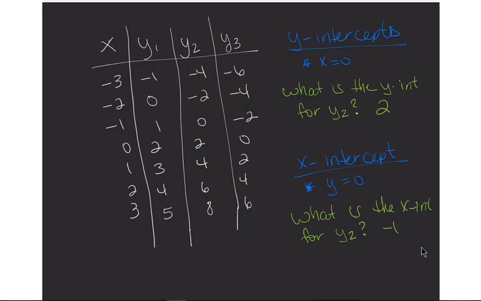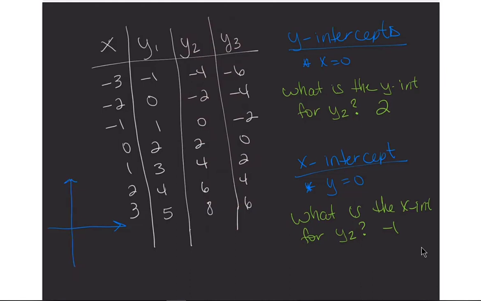And for X and Y intercepts, we can look at a table and figure out where our X and Y intercepts are. On the coordinate plane, your y-intercept is where it crosses the y-axis.